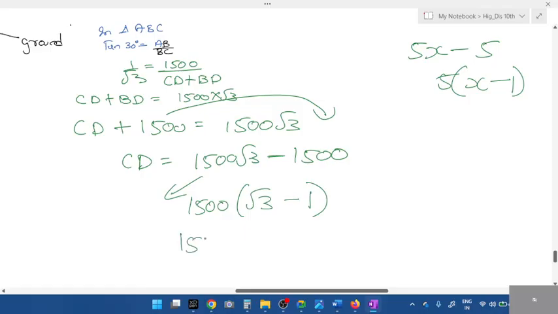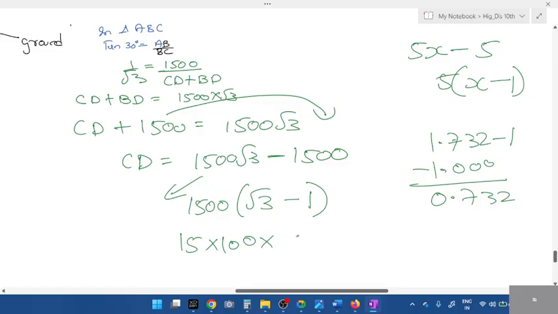This 1500, can I split it as 15 into 100? Is it correct? 15 into 100 into root 3 minus 1. 1.732 minus 1. What is 1.732 minus 1, students? 0.732. Let me keep 15 as it is. Multiply 100 with this. What is 100 into 0.732?